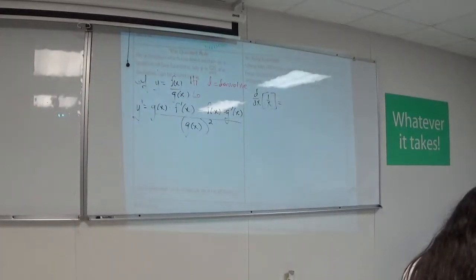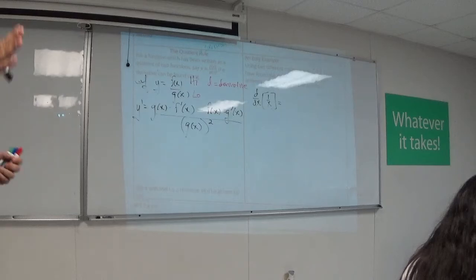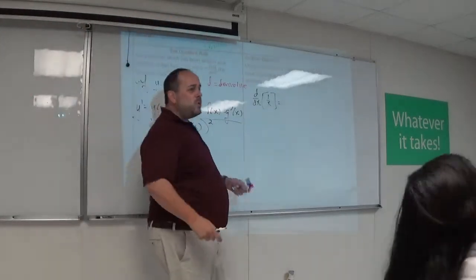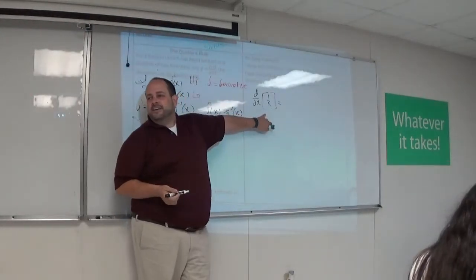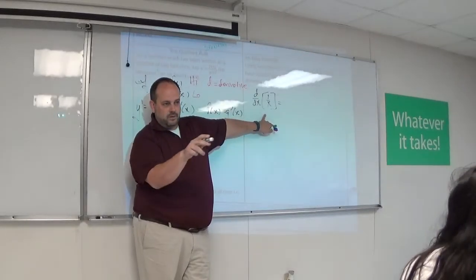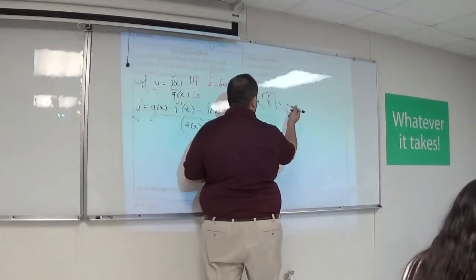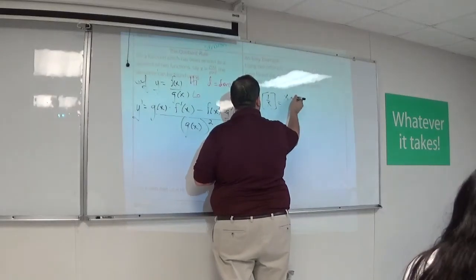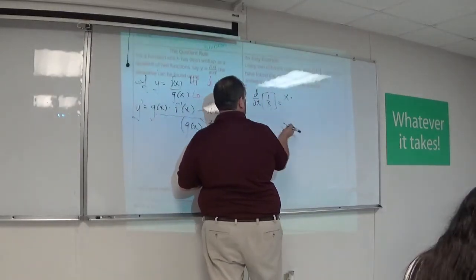We're okay? Jackie, come back to me. I lost you and Gonzalo. Okay, derivative of 1 over x. Everybody saying quotient rule? Okay, do it. Low D high. Derivative of high?